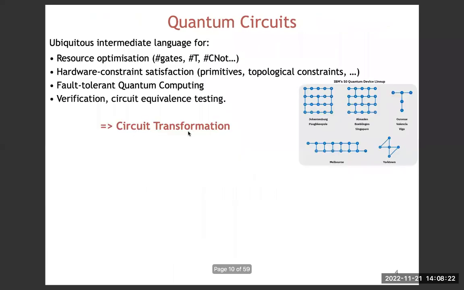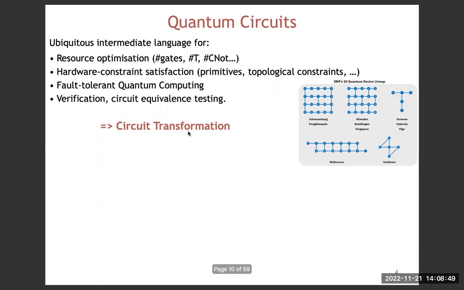As I said, it's ubiquitous in quantum computing, and once you have a quantum circuit, especially if it has been generated automatically, like in the previous examples, you may want to transform this circuit to optimize the resources, for instance decrease the number of gates, or decrease some particular gates, two-qubit gates or T gates, if you want to make it fault tolerant.